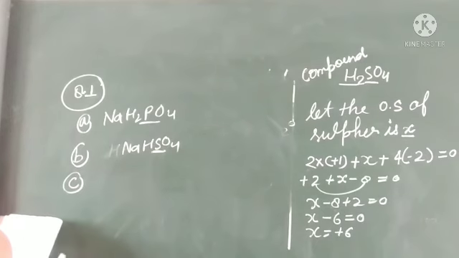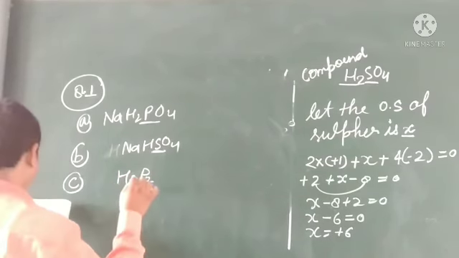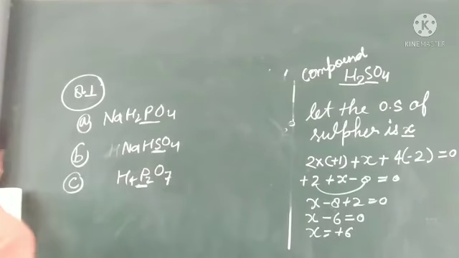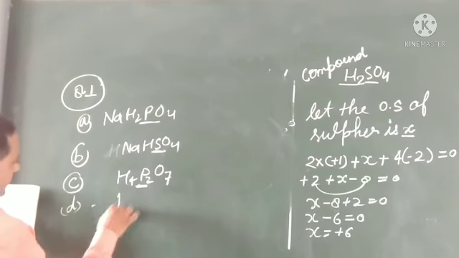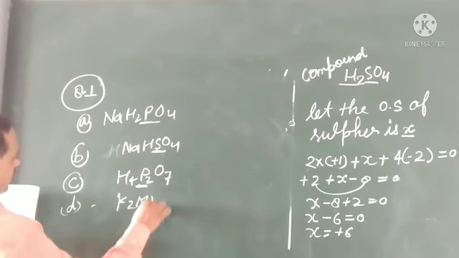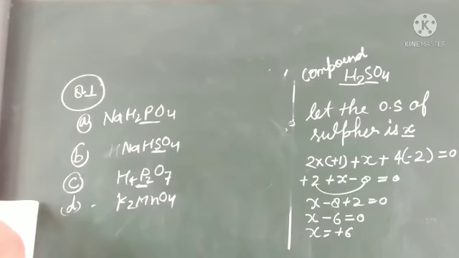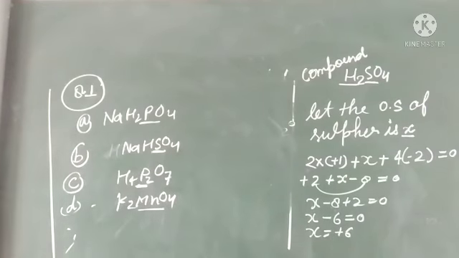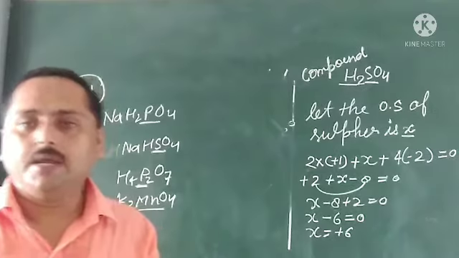In C, H4P2O7. In this you have to calculate the oxidation state of P. And D is K2MnO4. In this you have to calculate the oxidation state of Mn. The rest, you note and calculate the oxidation state of the underlined atoms in the given compounds.